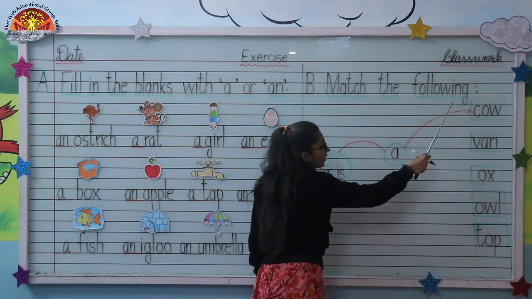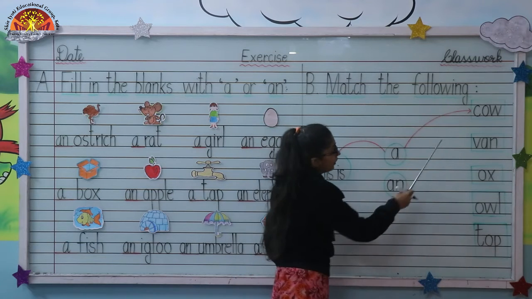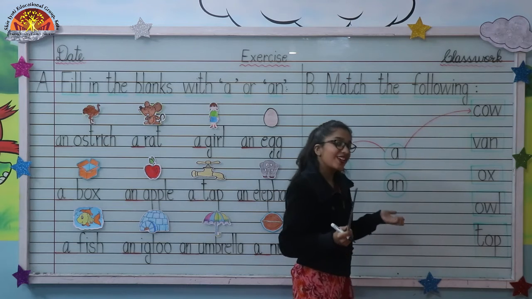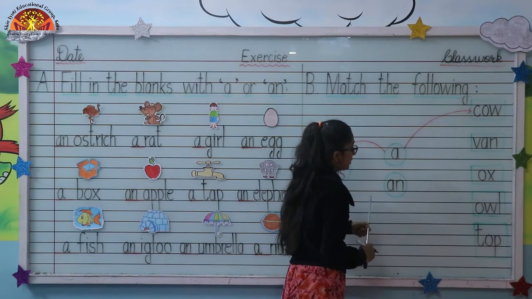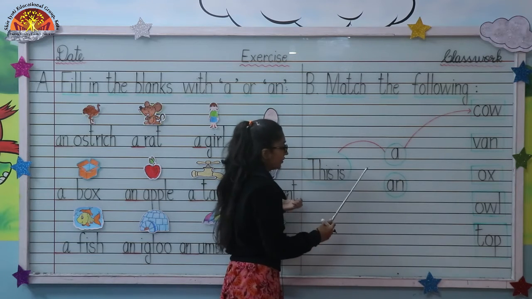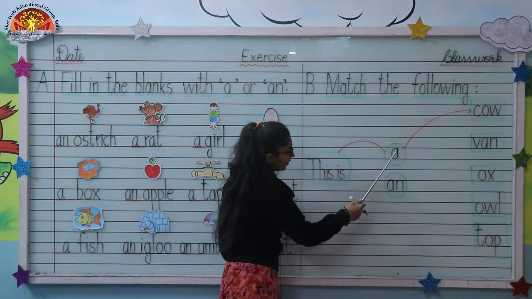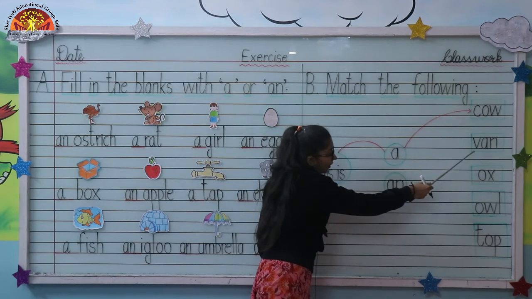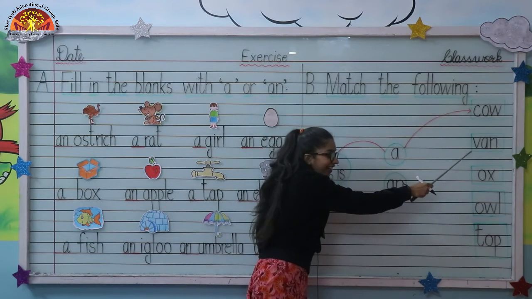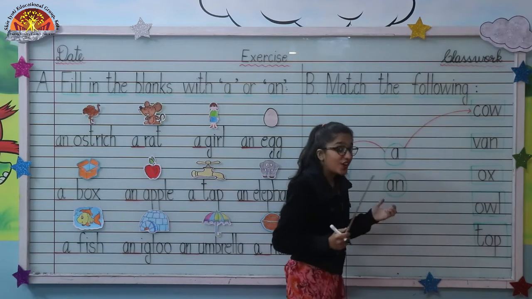This is a cow. So kids, why is a used here? Because first letter is letter C. C is a consonant. We use a before a consonant. Okay, move to next. This is a van, because again first letter is a consonant here.